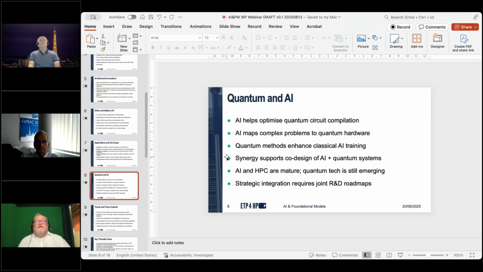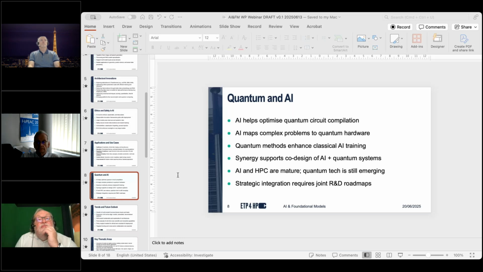Now let's look at the relationship between quantum and AI briefly. So I think we've assessed that AI and quantum computing are converging. AI is being used to innovate and design quantum circuitry and interpret quantum output.